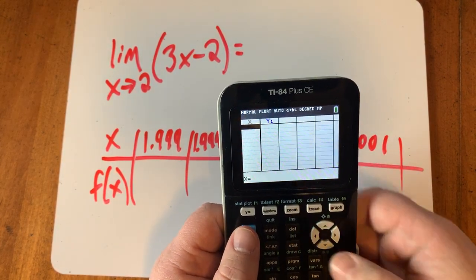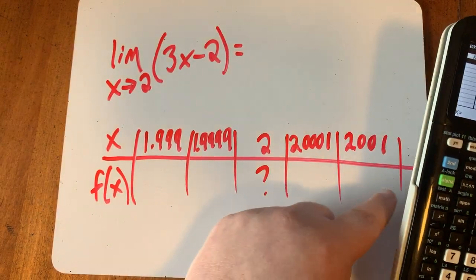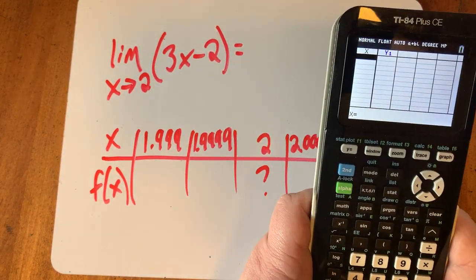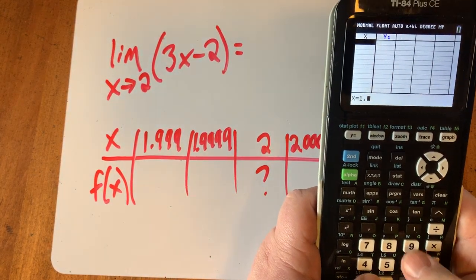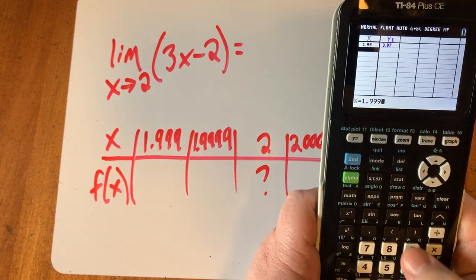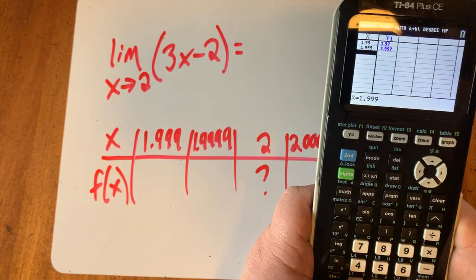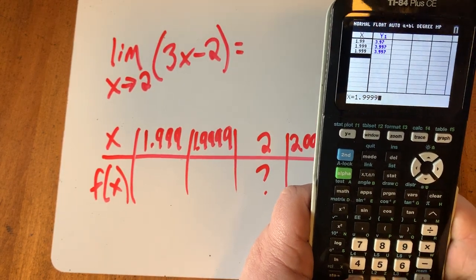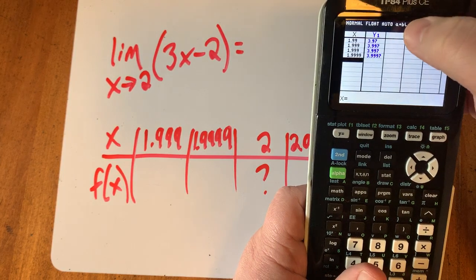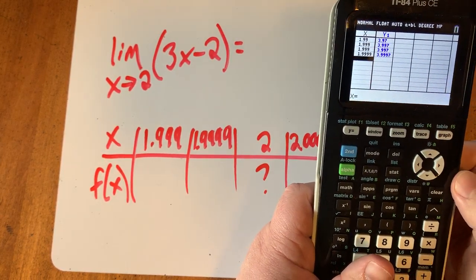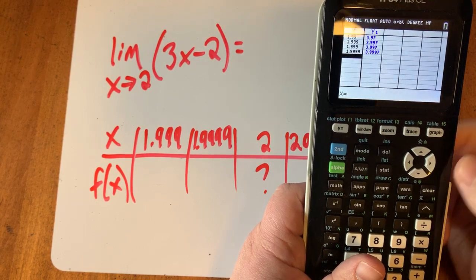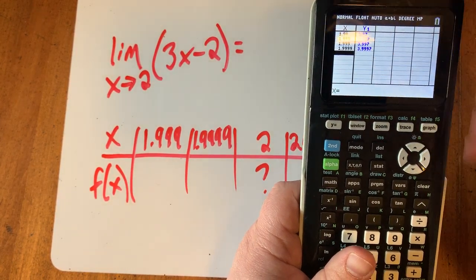I don't want these values. I want new values. We can use this to find out how it's approaching. So if we did 1.99, 1.999, I accidentally punched in extra nines, doesn't matter. You can see what it's going towards.